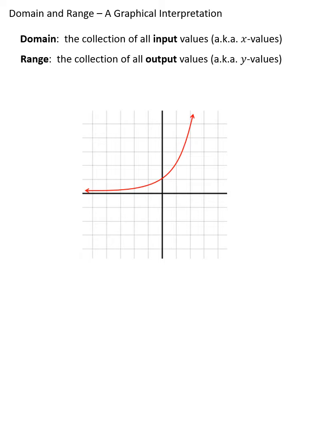Does this function have an input value of negative 1,000? Yes, somewhere far to the left there's a point whose x-coordinate is negative 1,000. Does this function have an input value of positive 1,000,000? Yes, somewhere far, far to the right there is a point on this graph whose x-coordinate is 1,000,000.